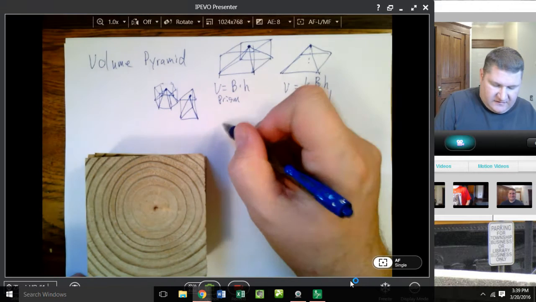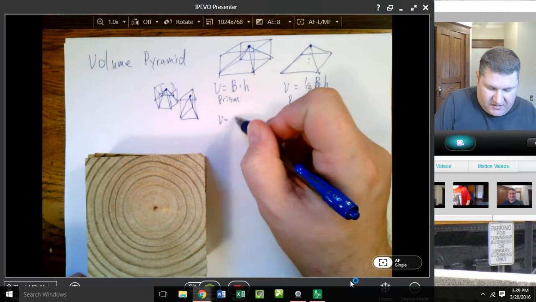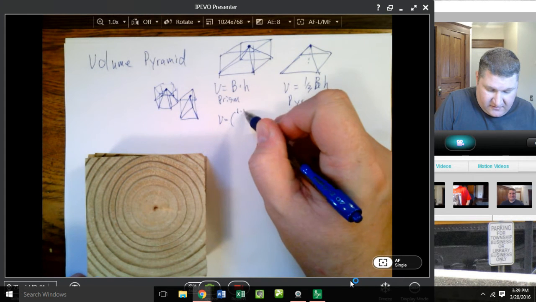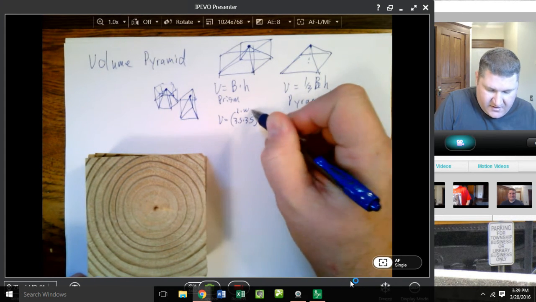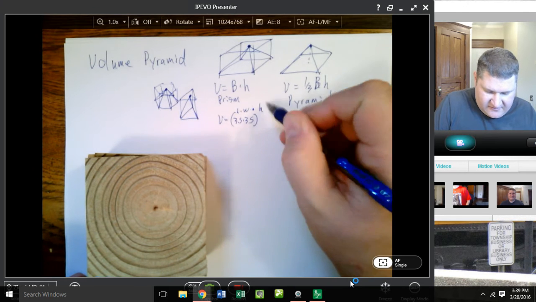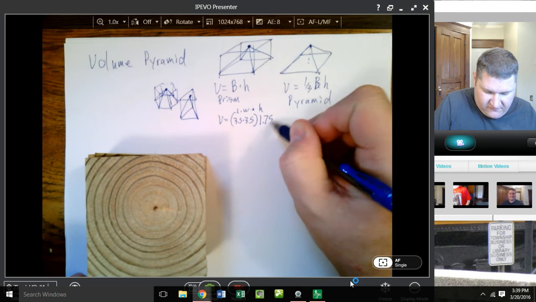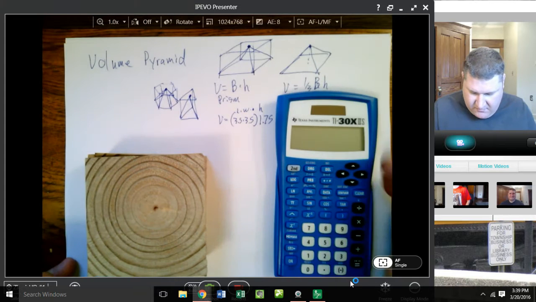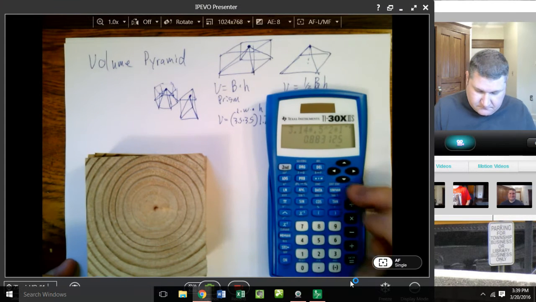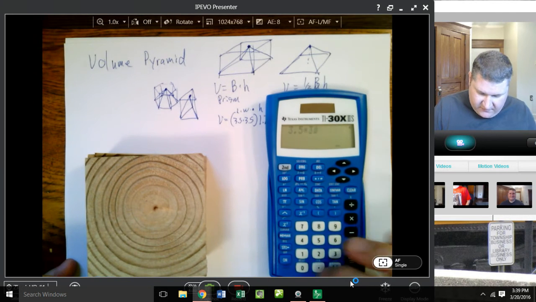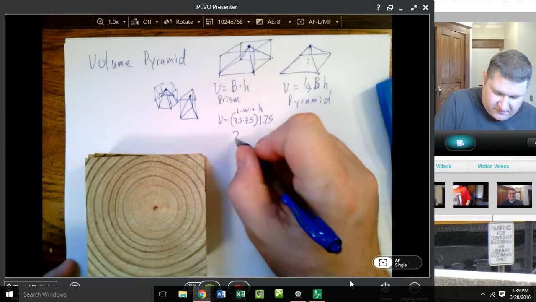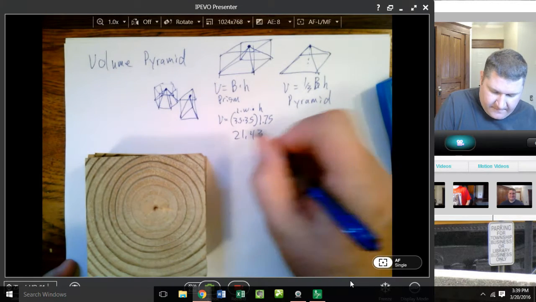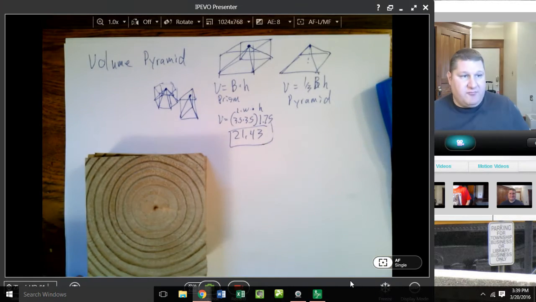So volume equals base, which is length times width, 3.5 times 3.5, times height, which is 1.75. I come up with 21.4, basically 21.43. That's the volume of the prism.